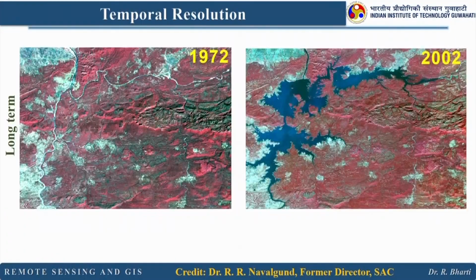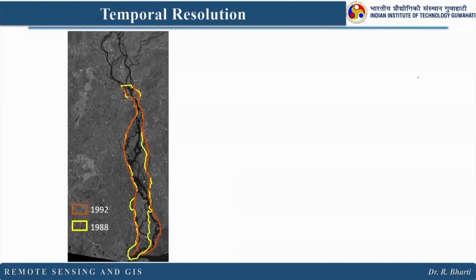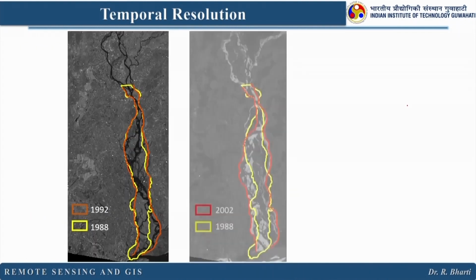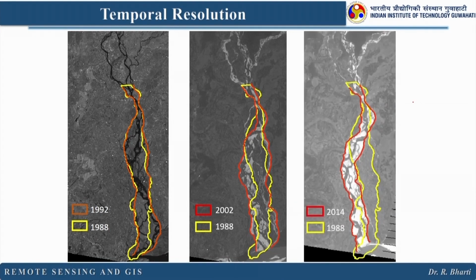This is another example where you can see long term change. From 1972 to 2002, in the same area there is a new lake, right. Now this is another example which I have already shown you in an earlier slide.